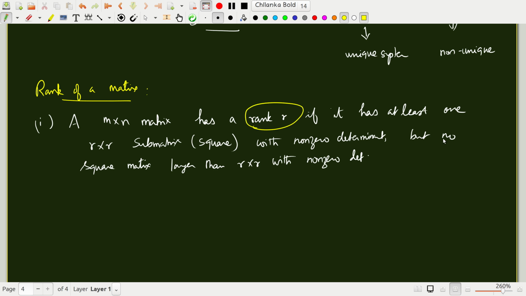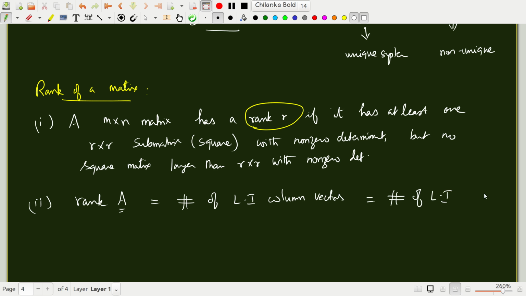Anything like R plus 1, you don't have a non-zero determinant. The determinant will be 0. This is one definition of rank. The other definition, which is equivalent to the previous definition: the rank of a matrix A is equal to the number of linearly independent column vectors in that matrix, and is also equal to the number of linearly independent row vectors in that matrix.